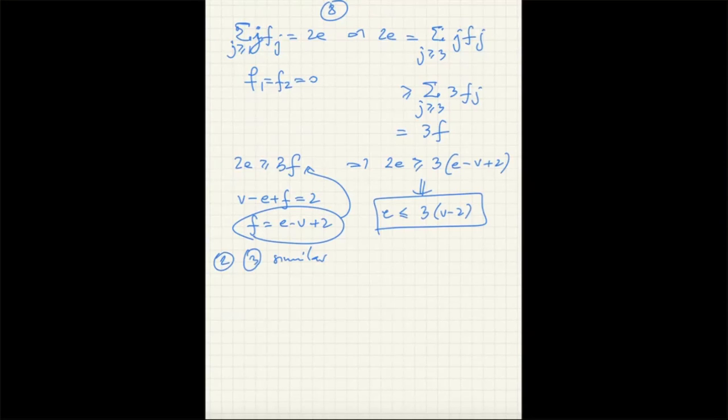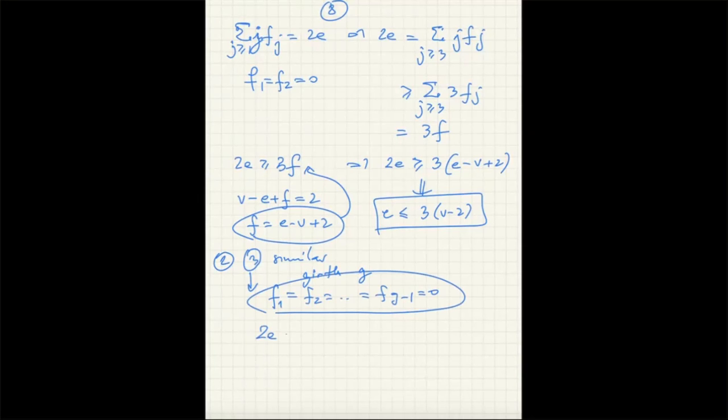For the most general one, because you have girth g, it means that F_1 equals F_2 up to F_(g minus 1) equals 0.